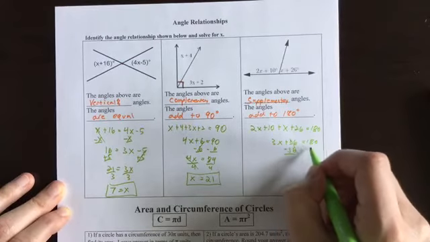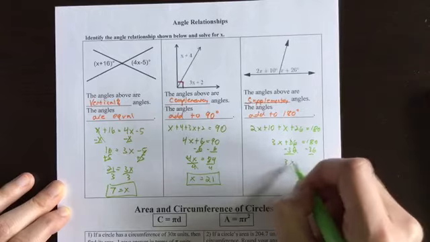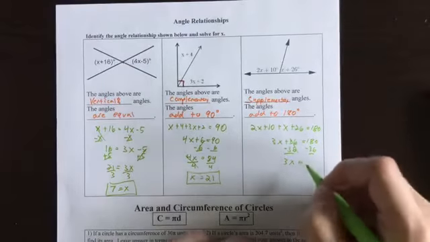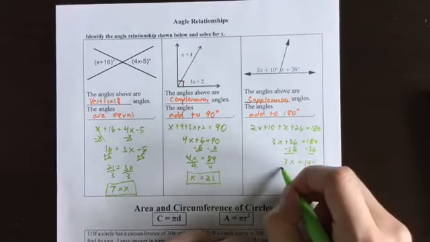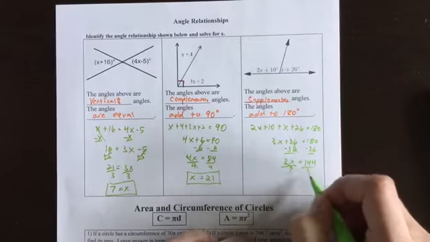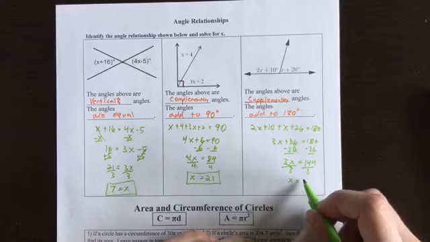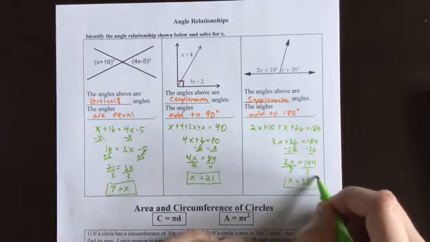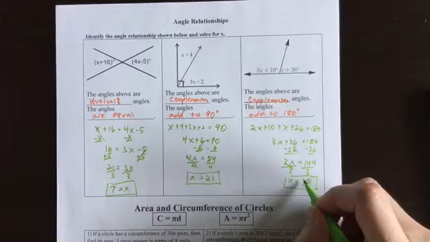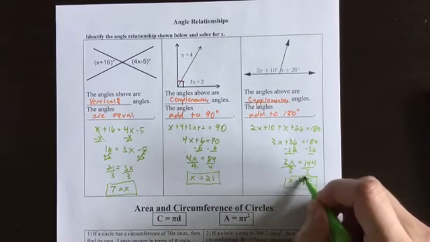Subtract 36 from both sides. Let's see, 3x equals 144. Divide both by 3. Correction there, x is equal to 48.